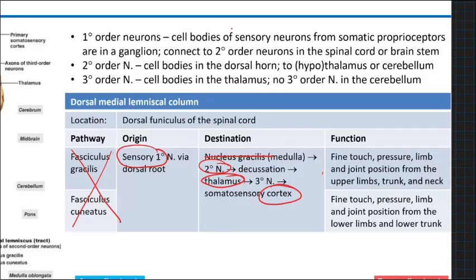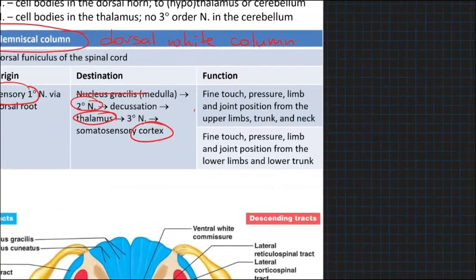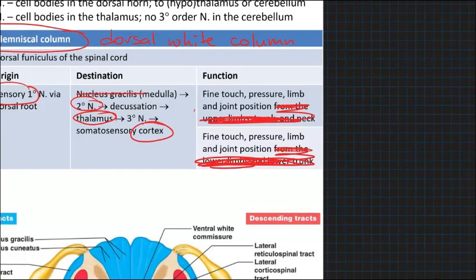Am I clear? Do know this term. It's also known as the dorsal white column. Okay? In terms of the function, the type of signals that it conveys includes touch, pressure, limb position, joint position.